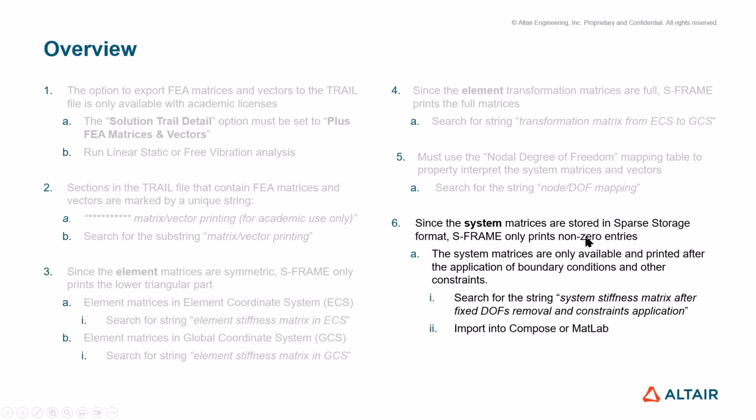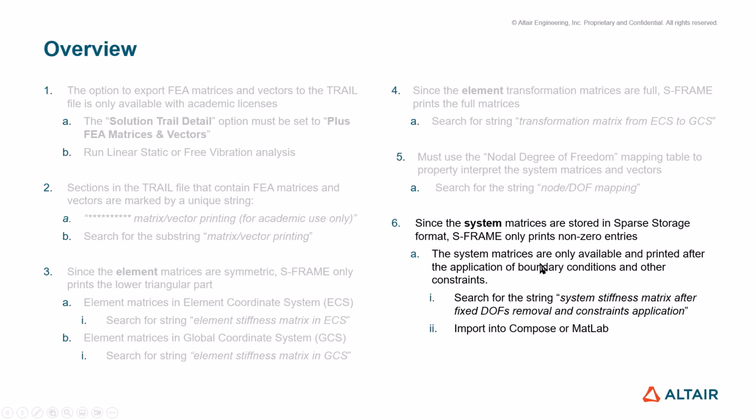Now, the system matrices in S-Frame are stored in sparse storage format, and S-Frame will only print the non-zero entries of the system matrices. So it doesn't waste storage for the zero entries, basically.